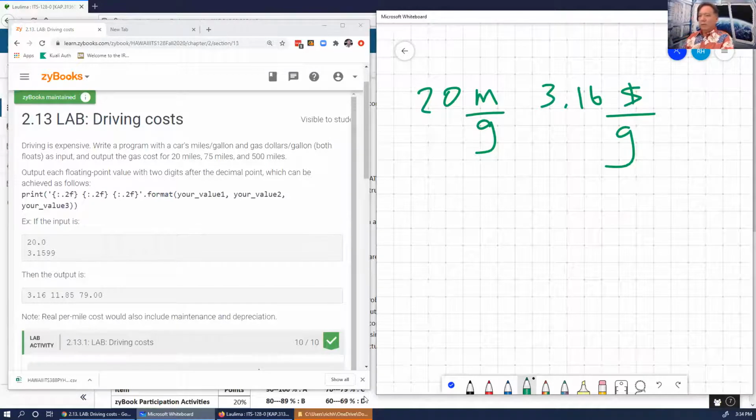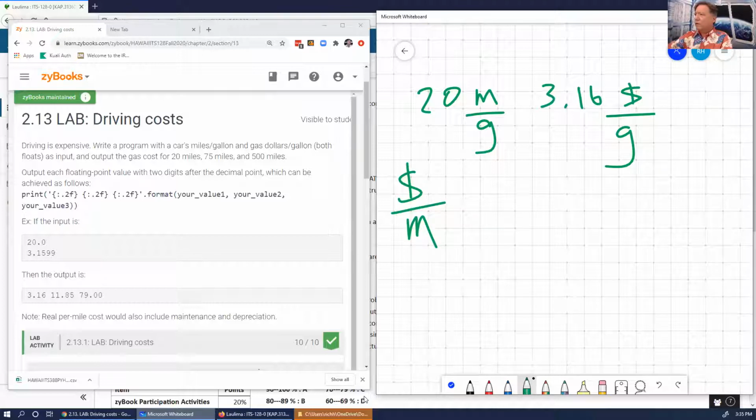And you want dollars. You want dollars per mile. And then you're going to multiply dollars per mile by the number of miles.